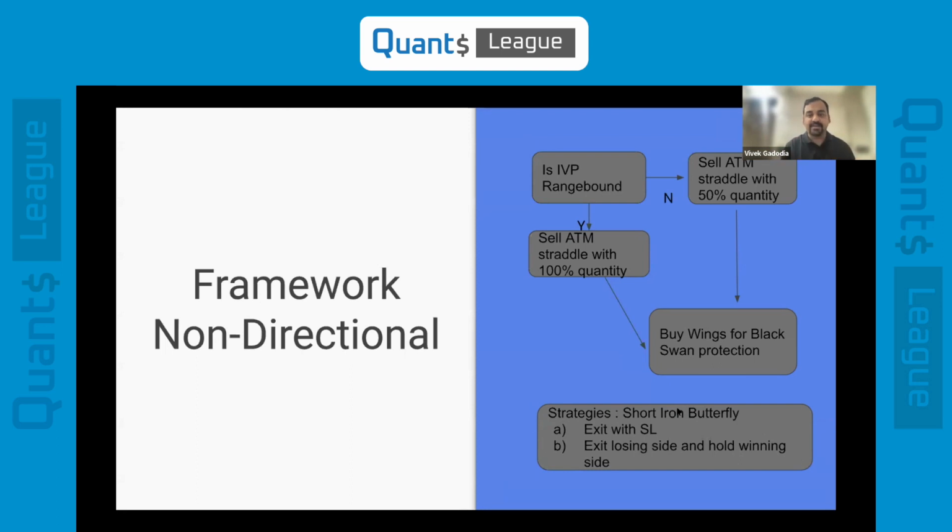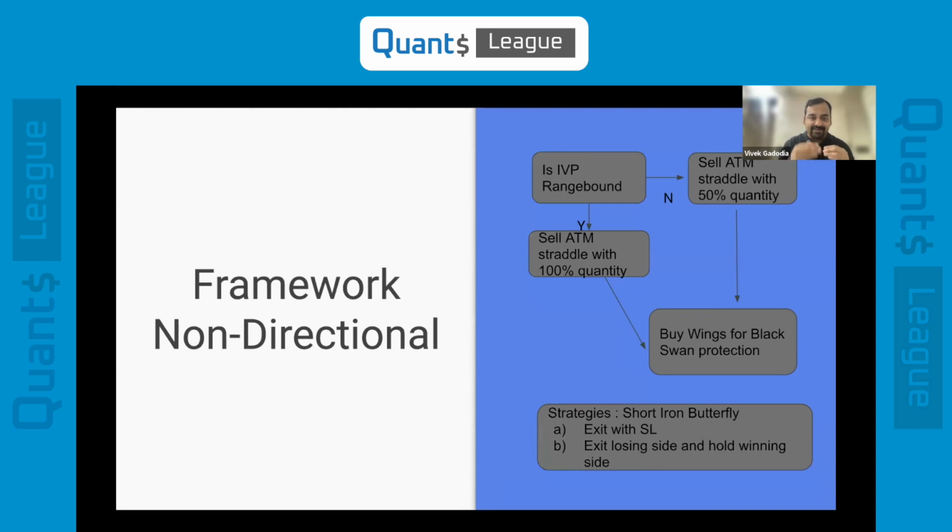That is one way. The other way to exit the trade is that if the market goes up, then the call options will be losing money. So basically book out of the call leg totally. So square off the short call and the wing which we had bought. Let us say for example we sold the 17,200 call and put, the straddle, and we have bought 500 points up and down wings.